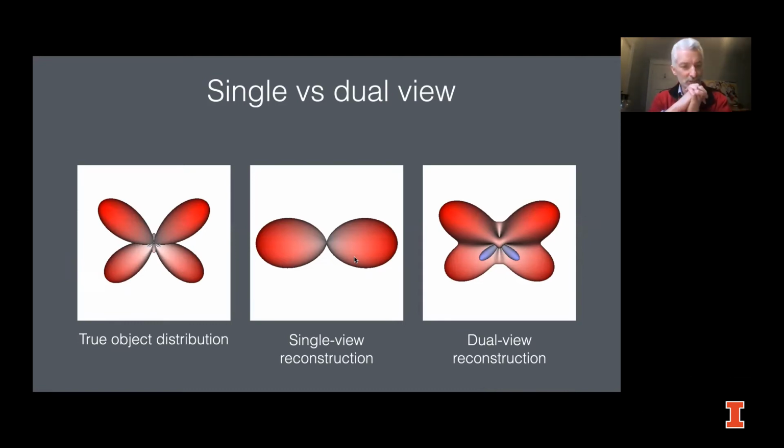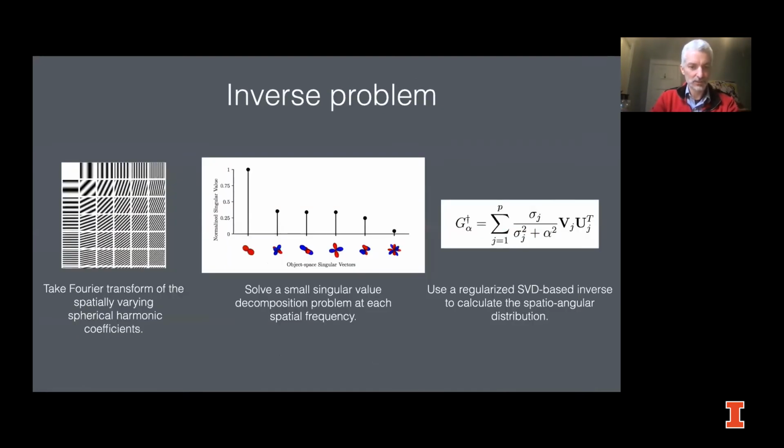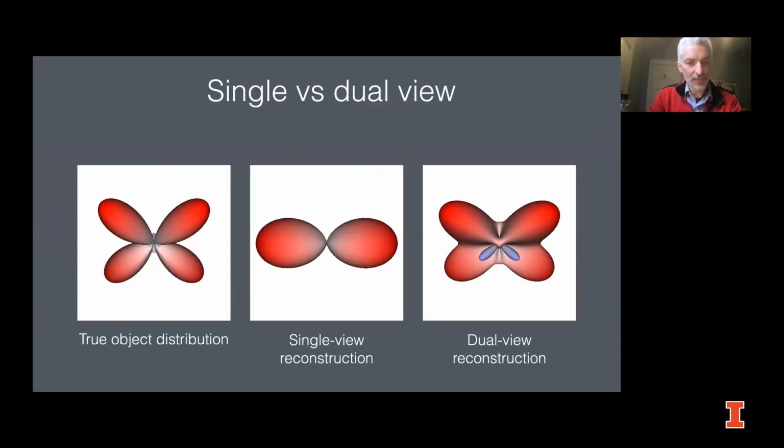It has averaged these two cross directions and is giving us something completely erroneous. The dual view reconstruction comes much closer. It has finite angular resolution, and we expect that because we're only getting up to a certain L band of spherical harmonics, but it's at least getting the key directional features correct.